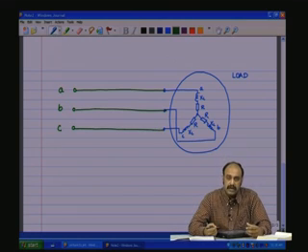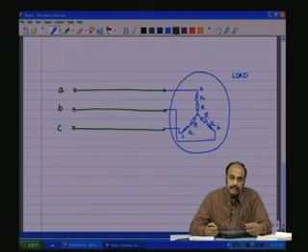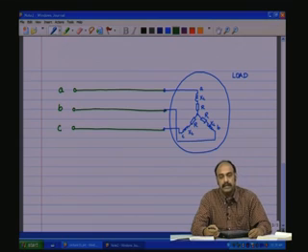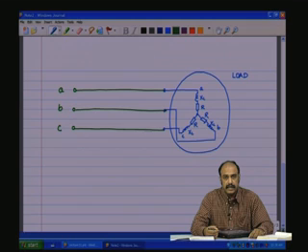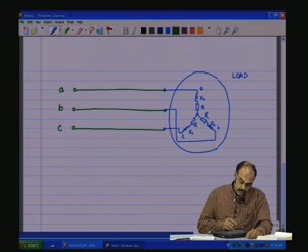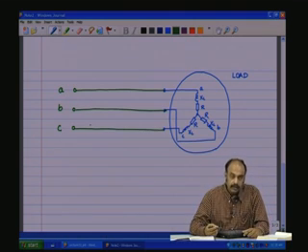Now, if this is having a large reactive component, then the power factor is going to be very poor, isn't it? The power factor angle is given by tan inverse of XL by R for every phase, and therefore, if the inductive reactance is very large, then the angle can be large and the reactive power being drawn from the source can be quite high.